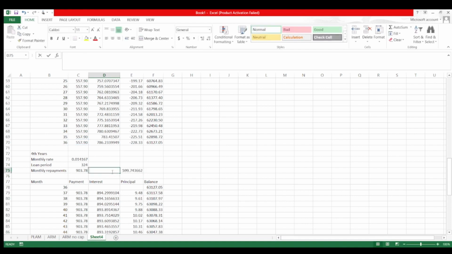So now this is the capped monthly repayment. So again, we'll proceed with that and ignore the actual monthly repayment which we should be paying.